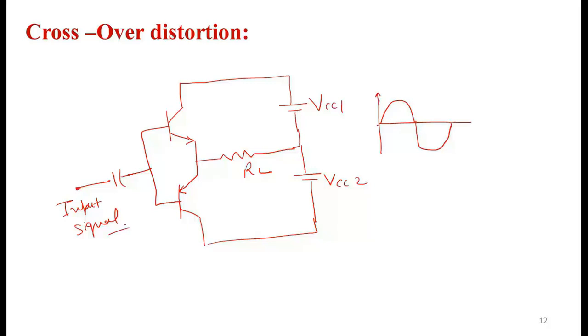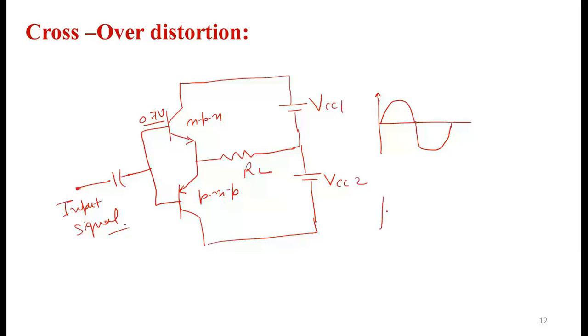It should be complete distortionless cycles. But here we can see that this is the NPN transistor and this is the PNP transistor. If these transistors are made of silicon, then we need a minimum of 0.7 volt at the base of the transistor for this transistor to be on. Before 0.7 volt, this transistor will be off.